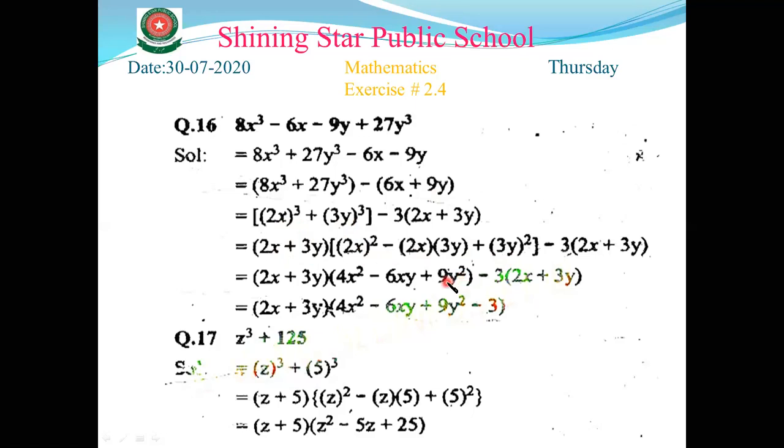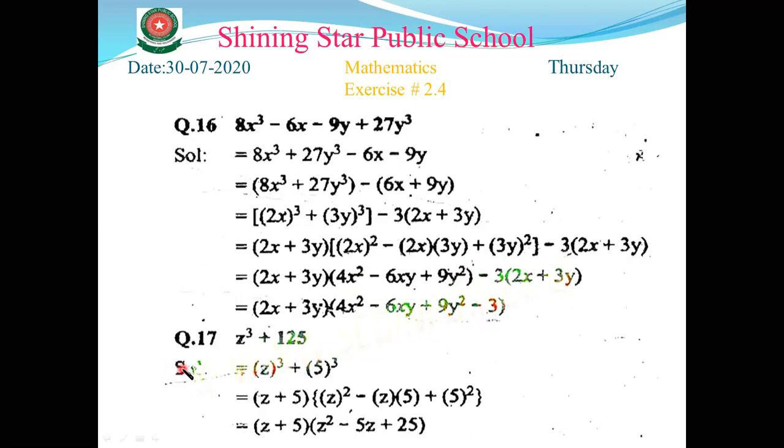Now from this step, 2x plus 3y is common, so we take the common 2x plus 3y. We get 4x square minus 6xy plus 9y square minus 3. This is your required answer of question number 16.